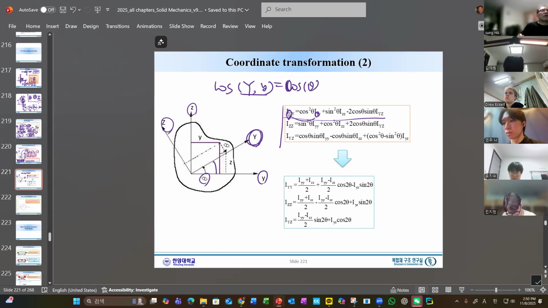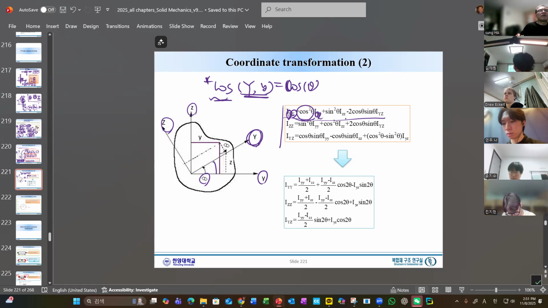There is another one, Y and y, and again we have a cosine. No matter what the angle, we always have a cosine. Okay, this is the point. Cosine, whatever it is.